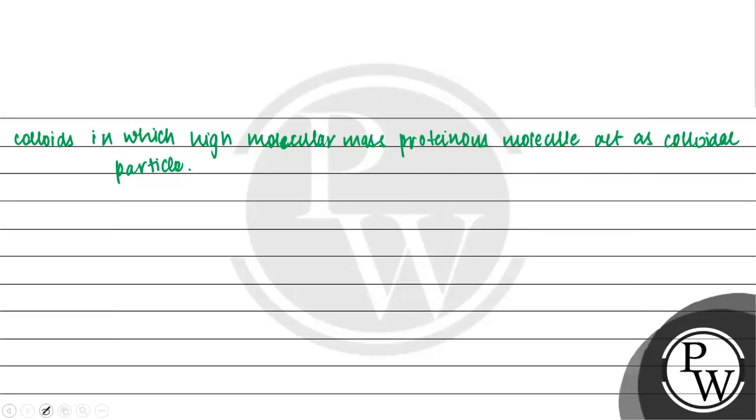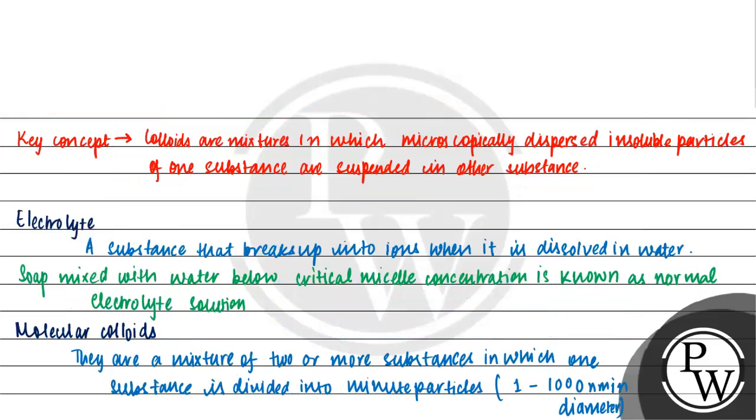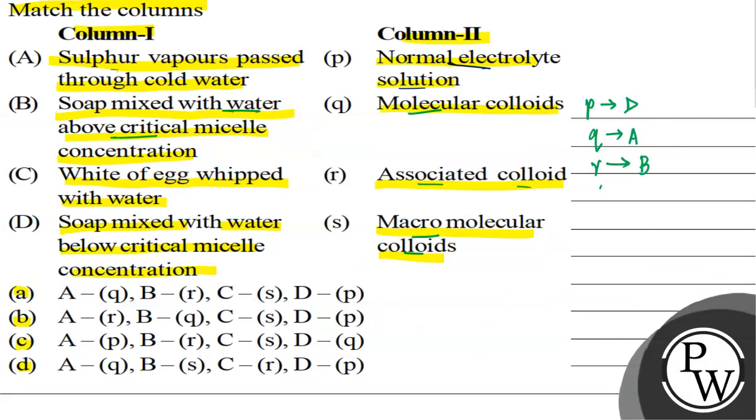Now, if we want to match this option with columns given to us, तो हम कह सकते हैं that option S matches with C. White of egg whipped with water.